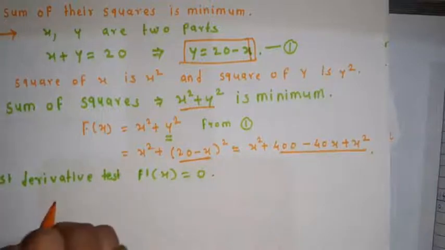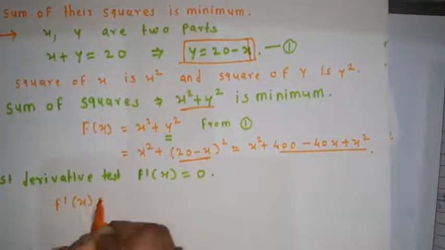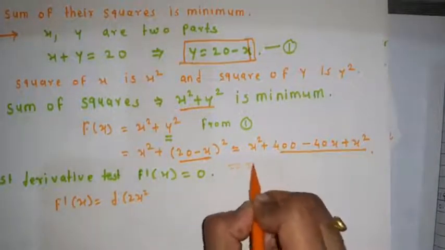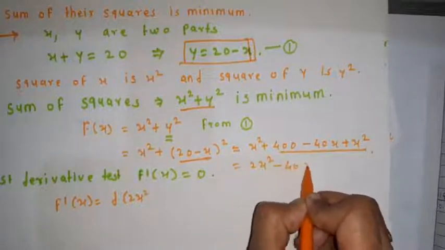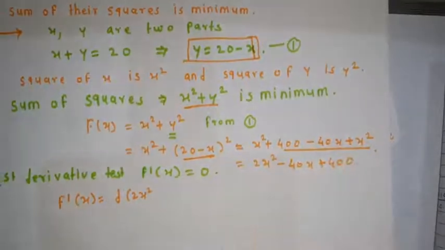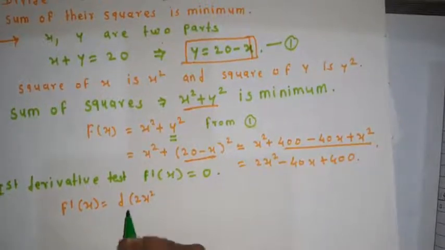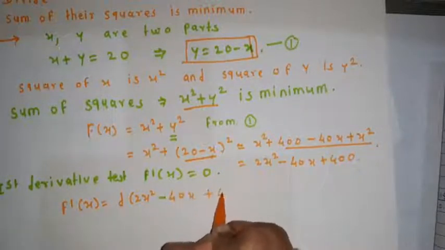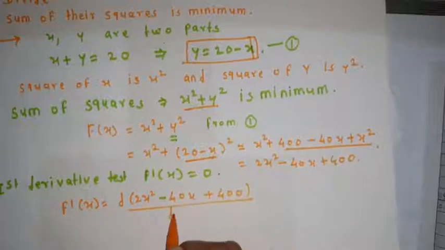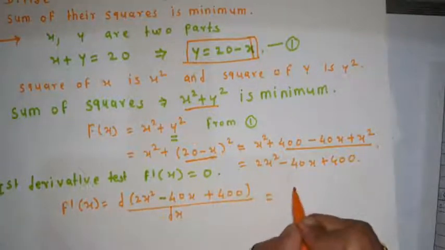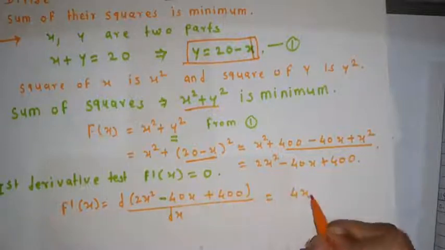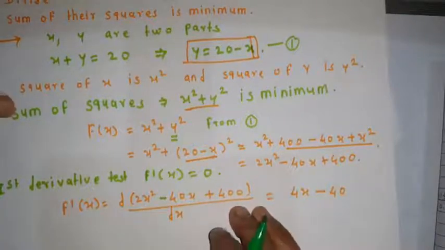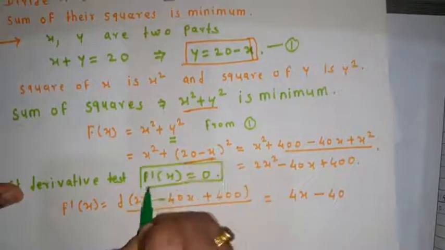Therefore, differentiating, we get f dash of x equal to the differentiation of 2x square minus 40x plus 400 with respect to x. The differentiation of 2x square is 4x, and the differentiation of 40x is 40.